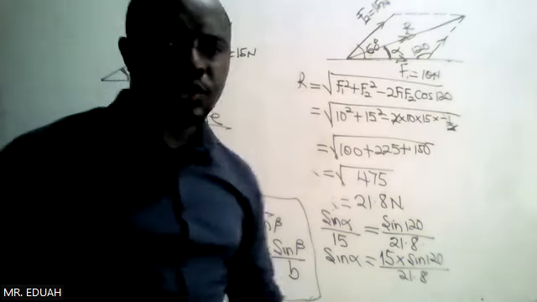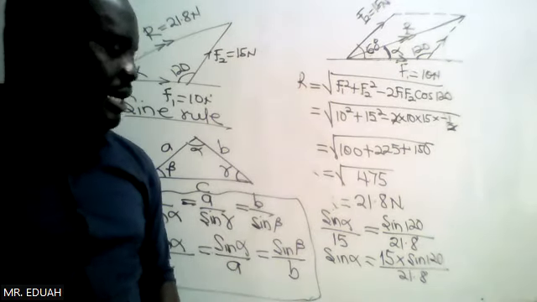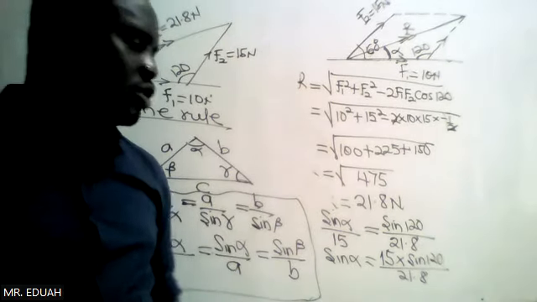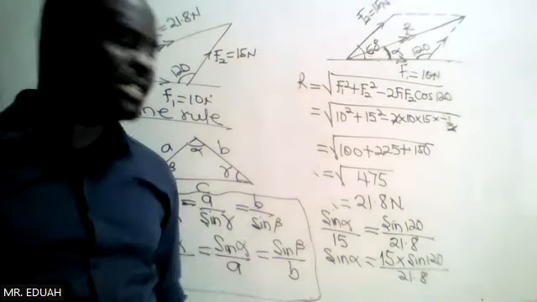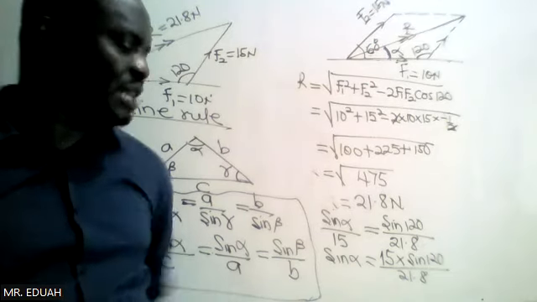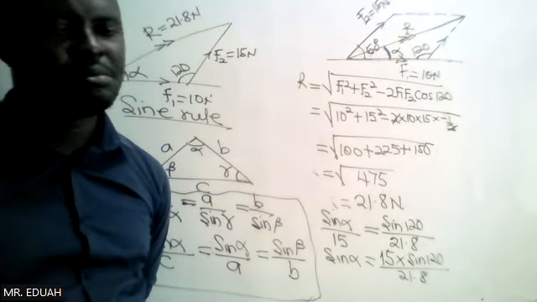Sine 120 is equal to sine 60, and sine 60 is equal to root 3 on 2 or 0.866. So multiply 15 by 0.866 and divide it by 21.8.